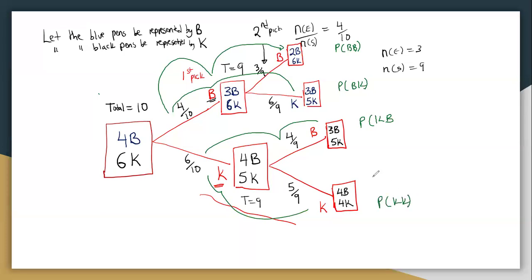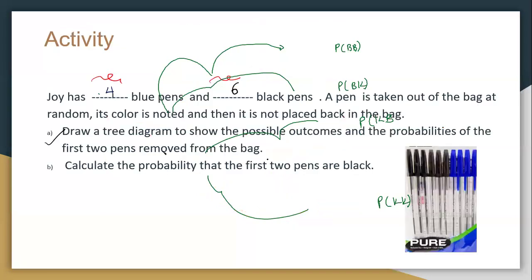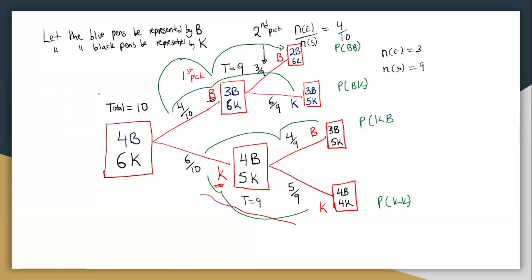Now, you ask yourself, what does the question want? The question was telling us that they want the first 2 pens to be black. And according to our diagram, we represented it. I want you to tell me in the chat which probability we are going to be taking. Choose from the 4 I've written down.